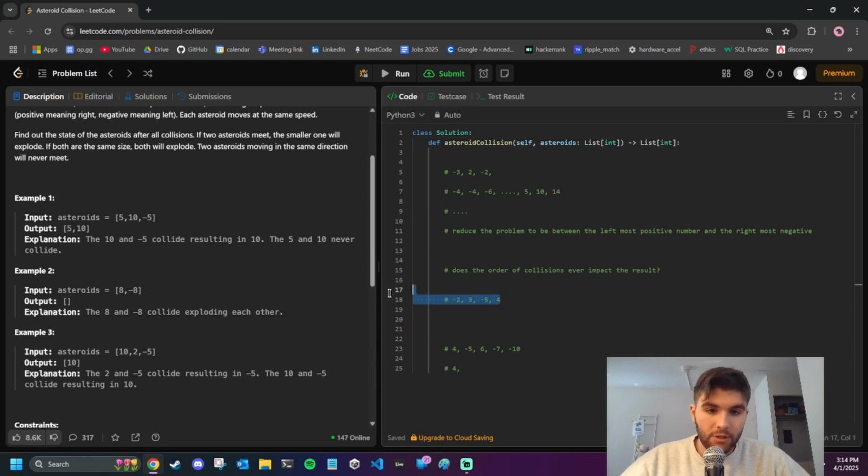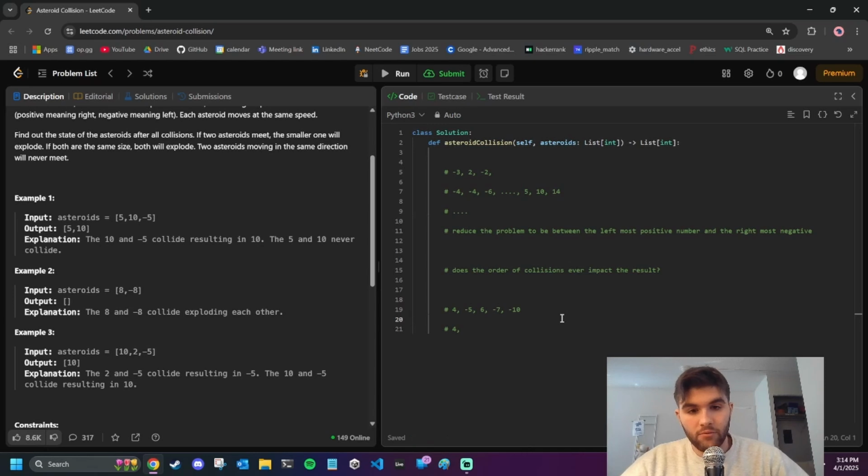So a way I'm thinking about approaching it is going left to right, and using a stack where we add positive numbers to the stack because we know the first one that we encounter must be positive. So we're gonna have 4 in our stack, and then we'll have -5, and then -5 will never.